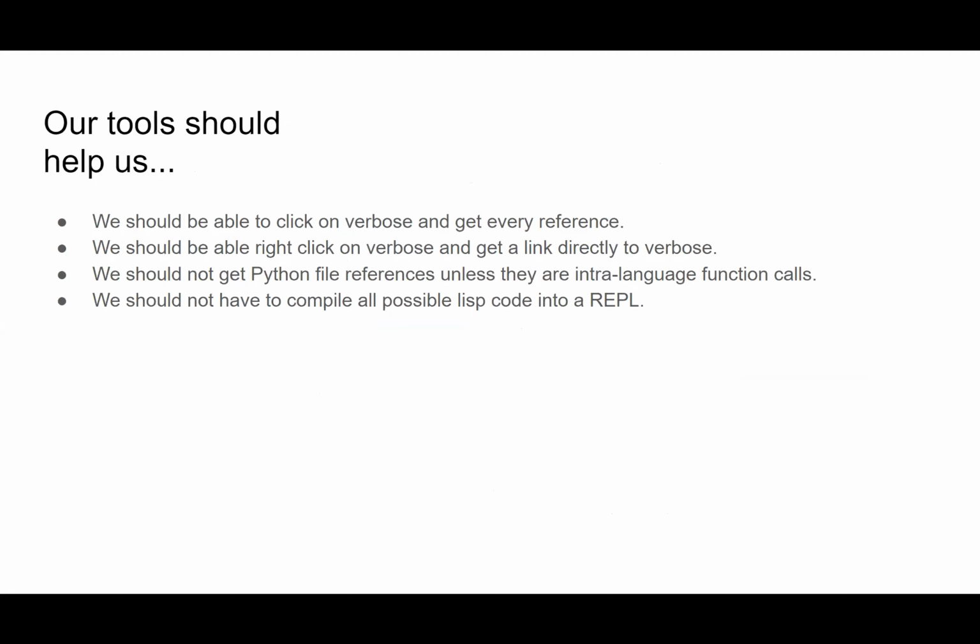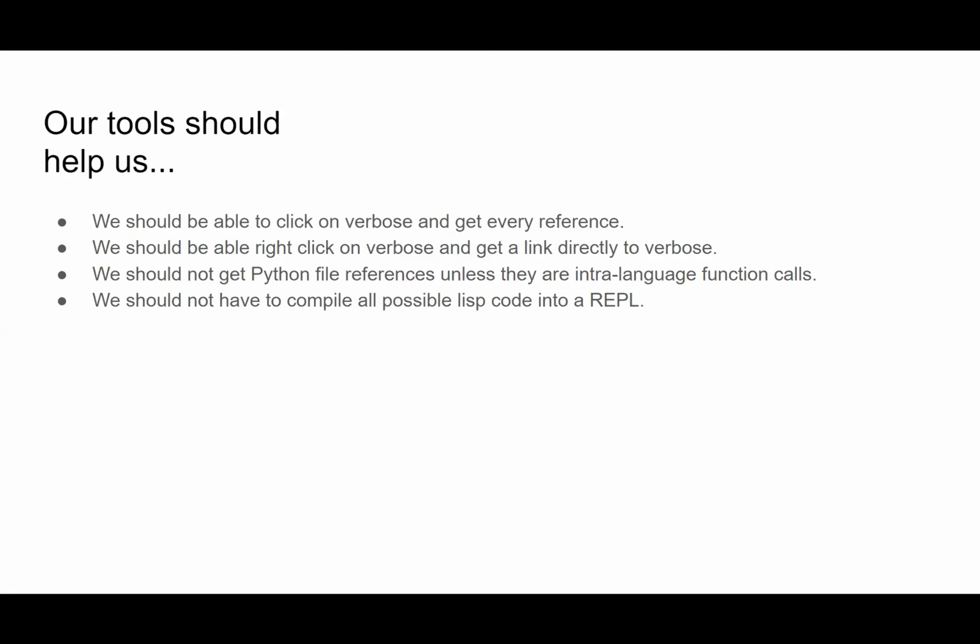Okay. Our tools should help us. Our tools should tell us all of this information. We should be able to click on verbose and get every reference. We should be able to click on verbose and get every function reference, not variable reference, not in-text reference, but every place the function verbose occurs. We should be able to right-click on verbose and get a link directly to verbose.